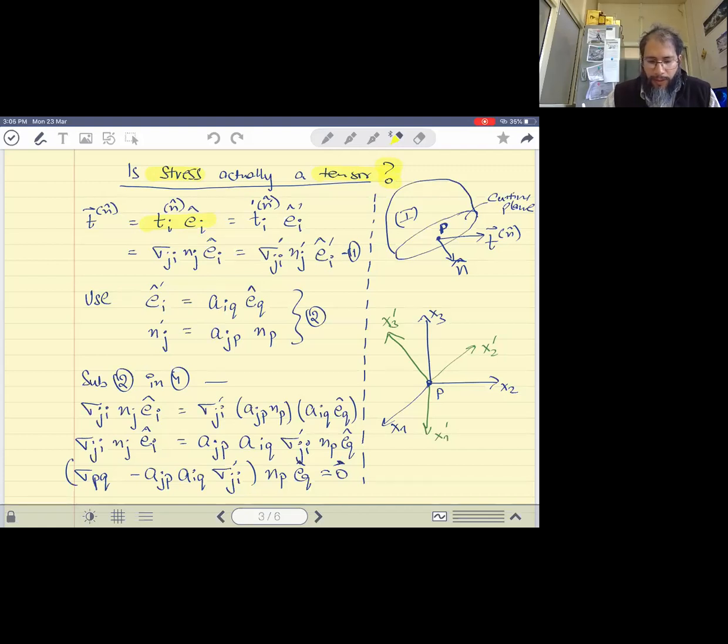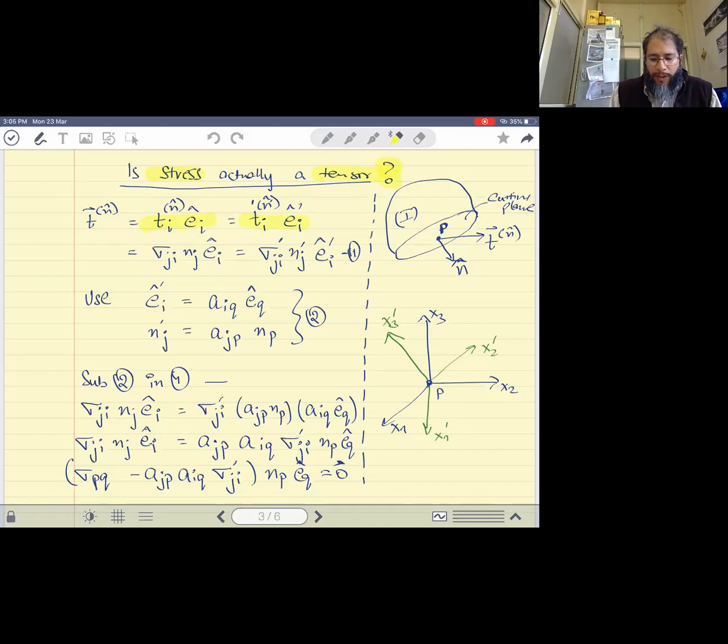So we can also write our stress vector T in the prime coordinate system. That is, we can write that as Ti prime Ei prime, where Ti prime are the components of the stress vector in the 3 primed Cartesian axes, or the green axis. So Ei prime are the unit vectors in the green coordinate axis. So we can write that.